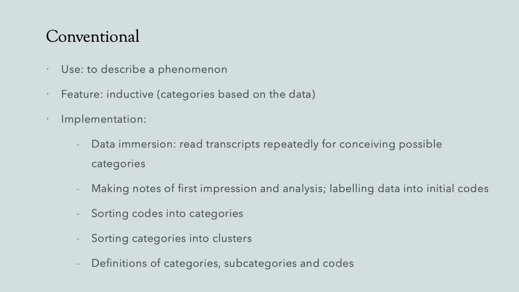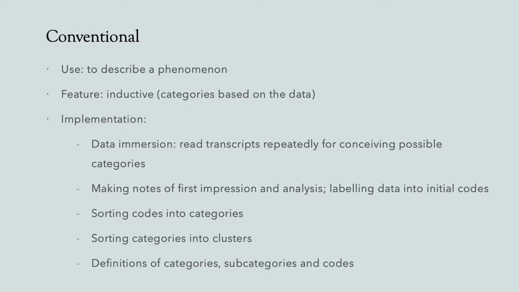For its implementation, we normally start by reading the transcripts repeatedly to get a general idea about the possible categories and codes. Then, in the second step, we make notes of our impressions of the analysis, and then we preliminarily code the data into initial codes.